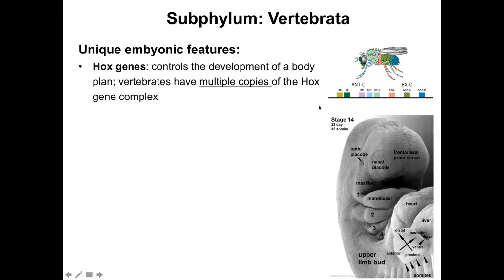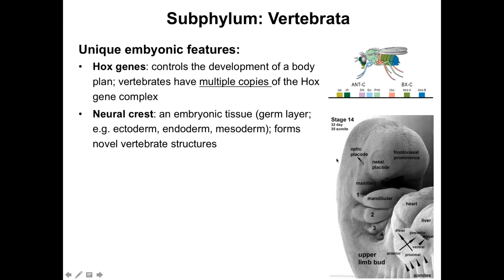What are the features of vertebrates? They have some unique embryonic features. The Hox gene controls the development of a body plan. Vertebrates differ from protochordates and other invertebrates because of a number of features, including the fact that they have multiple copies of this Hox gene. They have a neural crest, which is a new embryonic tissue, i.e. a germ layer like the ectoderm, endoderm and mesoderm, and it forms novel vertebrate structures.